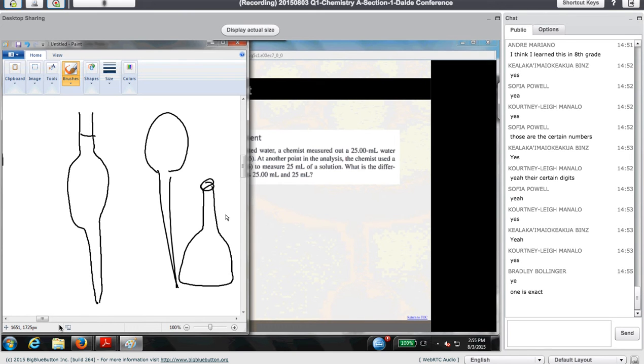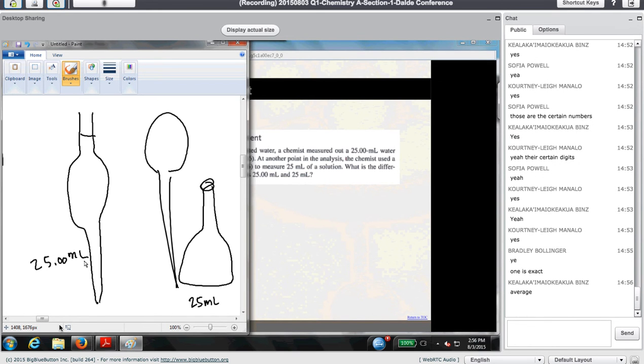So I measure one with a pipette, and I measure one using a graduated cylinder. What's the difference? This one's 25.00, and this one's 25 milliliters. Numerically, what's the difference? Numerically, which one's bigger?